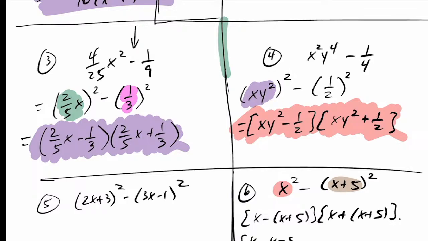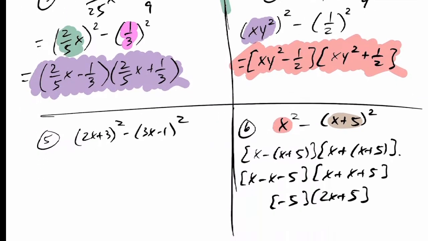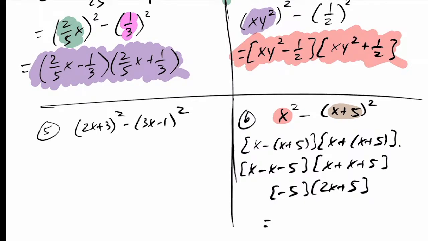You can distribute that minus sign. And I can drop the bracket on the other one because it's just a 1 in front. So this becomes negative 5 times 2x plus 5. And that's it for this one. It's just negative 5 times 2x plus 5. For 6.